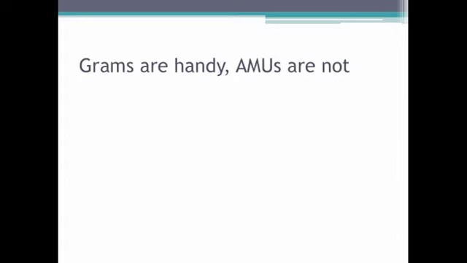Alright, I think I've kind of alluded to this already. When you're weighing things out in the laboratory, you're going to weigh things out in things like grams, quantities, etc. You certainly can't weigh anything out that's on the level of atomic mass units. As I pointed out in a previous mini lecture, atomic mass units are incredibly small measurements of mass and really don't lend themselves to any sort of measurement at all.